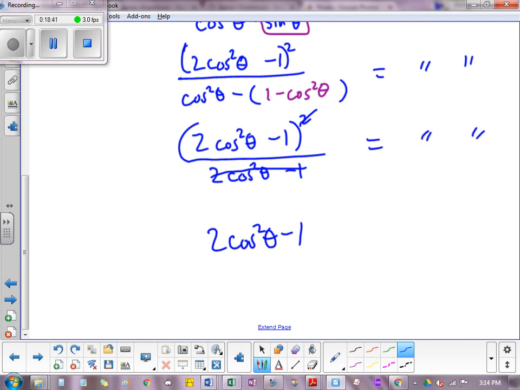How am I doing? Oh no, I'm supposed to show that this is the same as 1 minus 2 sine squared. Oh no, I'm not done at all. That's okay. The cosine squared is 1 minus sine squared. Let's trade this again.